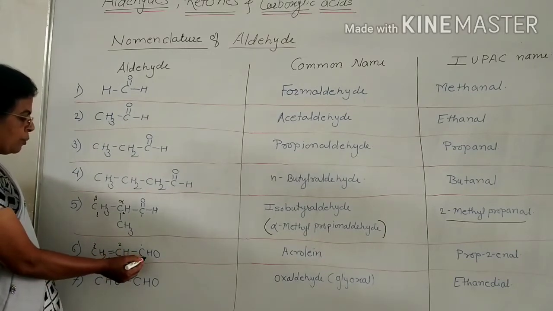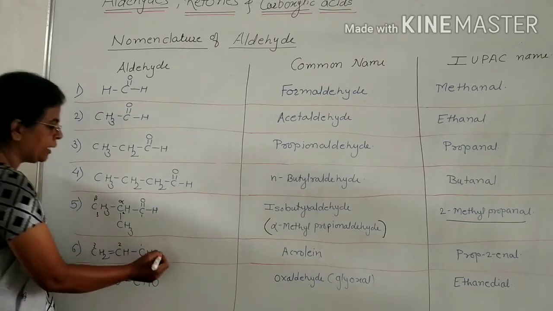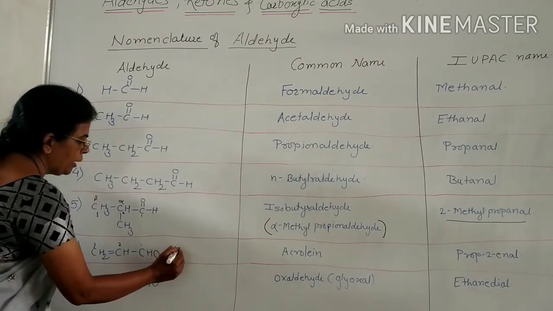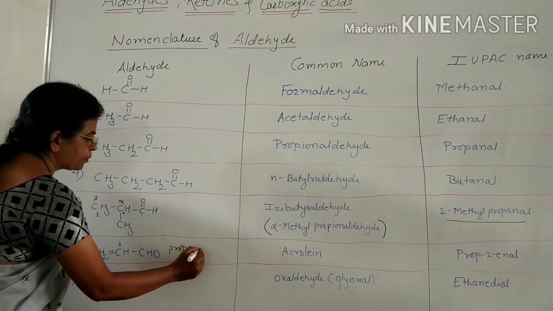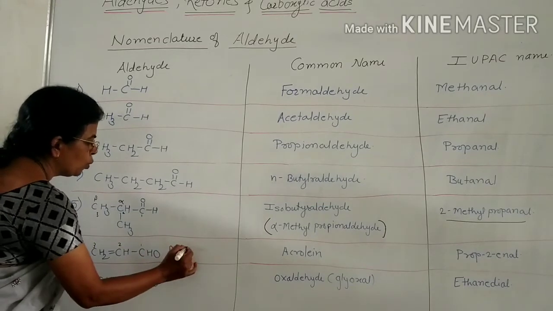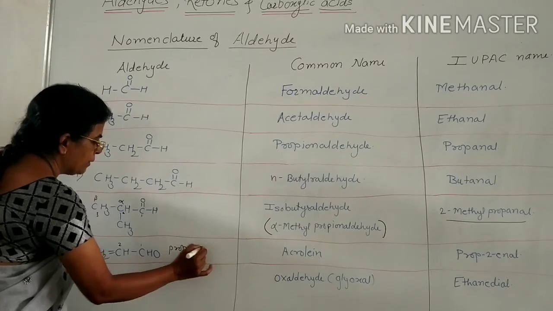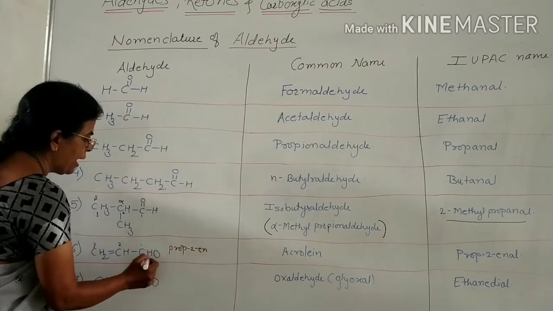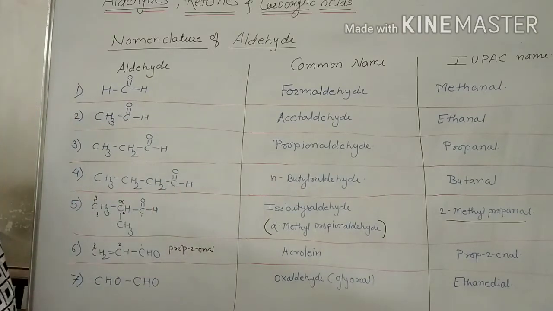Therefore it becomes prop-2-enal. Here it is propene, and the position of the double bond is 2. Therefore it becomes prop-2-en, now replace E by al. Therefore it becomes prop-2-enal.